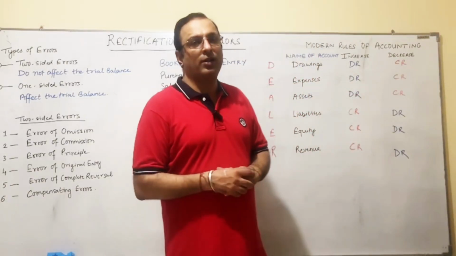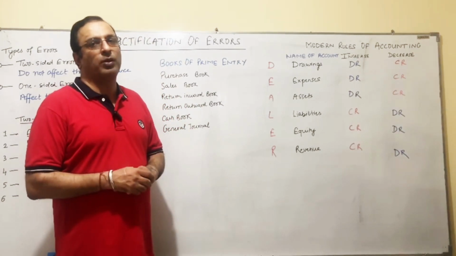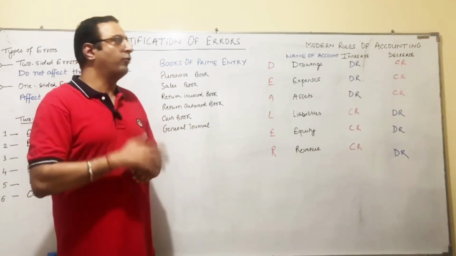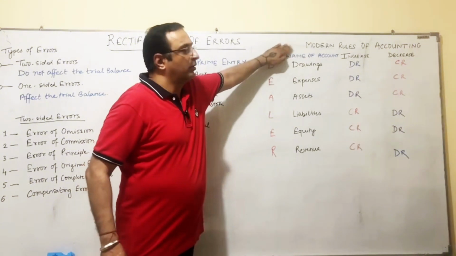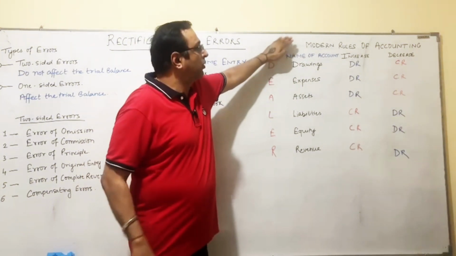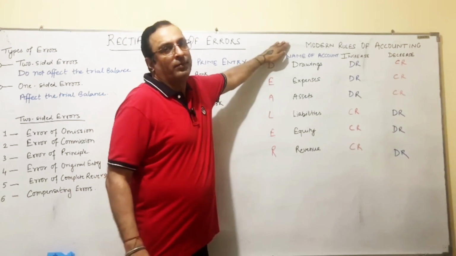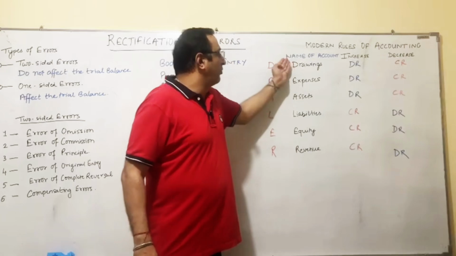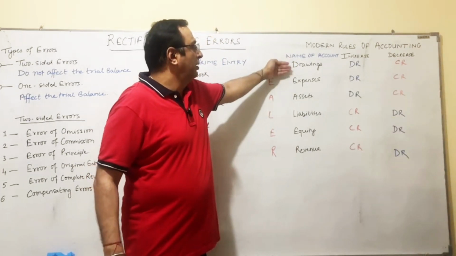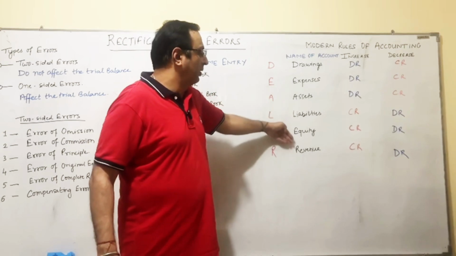So guys, before starting the main content, let us see what basics you should be good at. The first thing which you should know is the modern rules of accounting. Just see that I am talking about modern rules of accounting, not the golden rules of accounting. You can see name of accounts. We have some name of accounts given: drawings, expenses, assets, liabilities, equity, revenue.